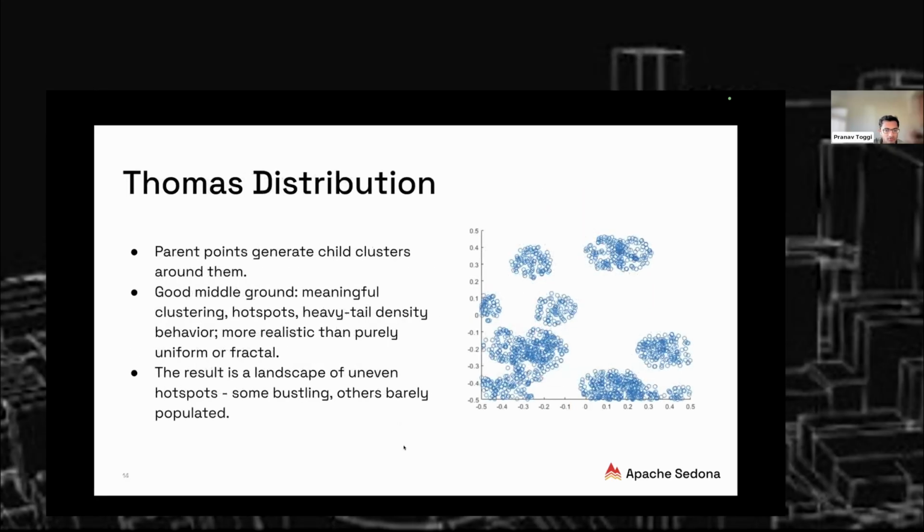Okay, so the Thomas distribution is something that is getting somewhat near how real world data is actually spread out in the real world. This is a Gaussian variant of the Neyman-Scott point process. What it does is it spawns these parents. Parents meaning you can think of it as a centroid of all these different clusters. And then it disperses offspring around the parent.